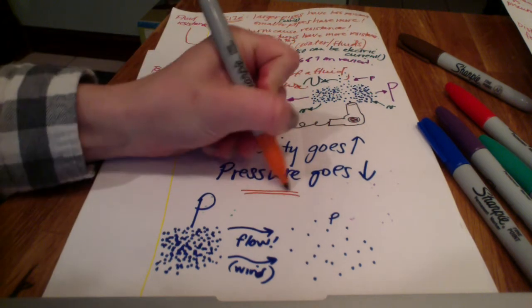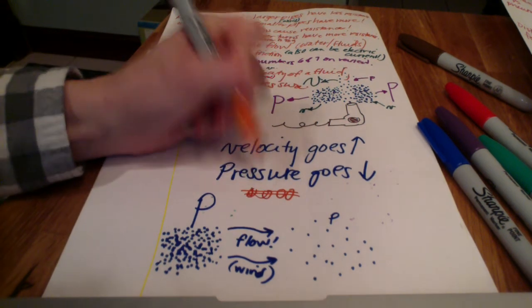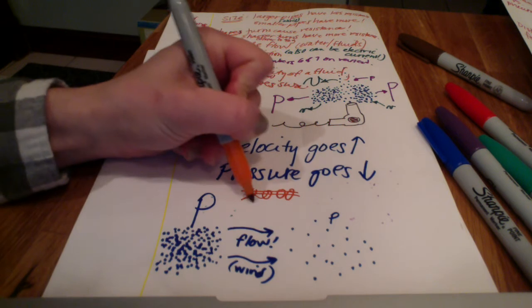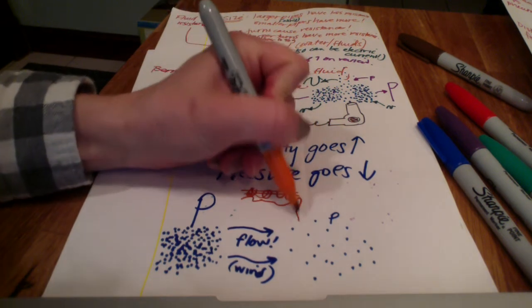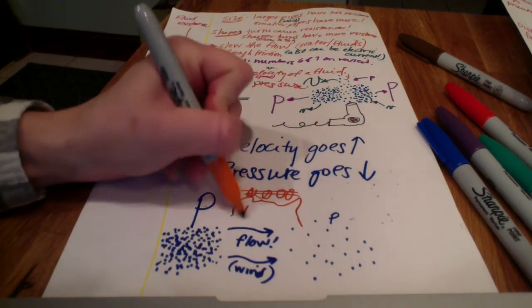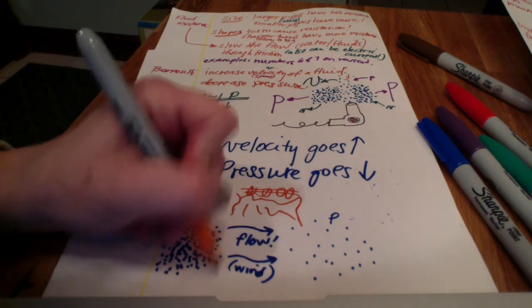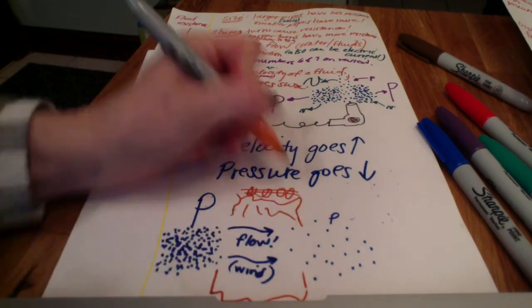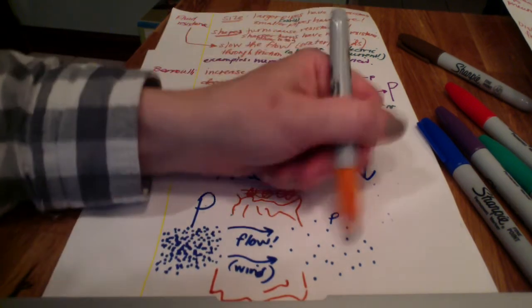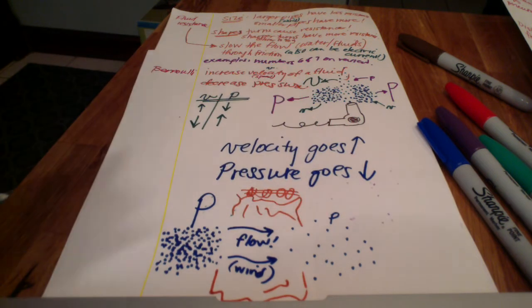Let's see here. You know, have you ever been in the shower and your shower curtain starts to blow in on you? That's because the air particles are actually being pushed. They're pushing the shower curtain, so it pushes into the place where you have a lower pressure.